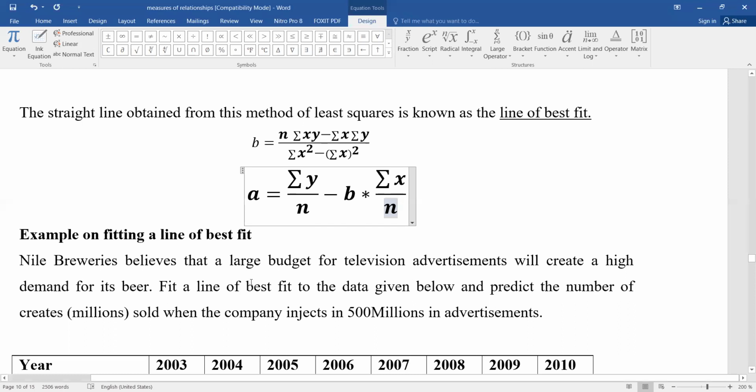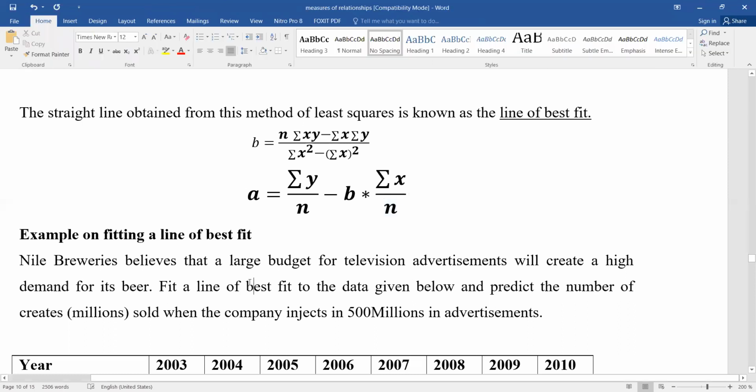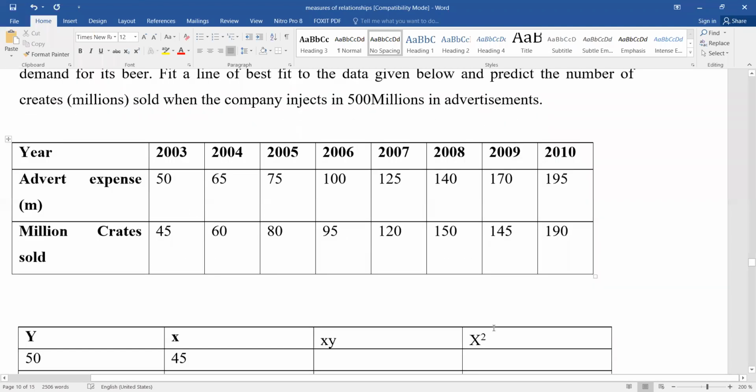So there's an example there. Nile Brewers believes that a large budget for the television advertisements will create a large demand for its beer. Fit a line of best fit to the data given below and predict the number of crates sold when the company injects in 500 millions in advertisements.